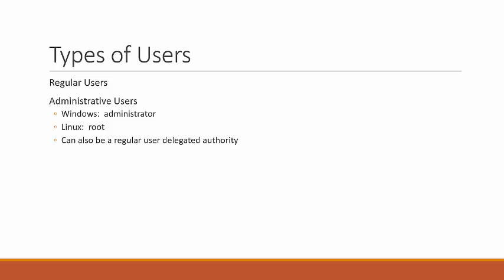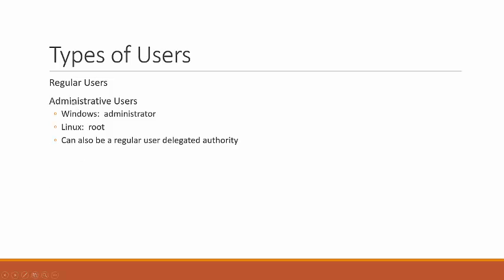Administrative users, well, that's what we're going to be. That's what you're going to school for. The idea there is you're in charge of the system. The administrative user can control the system and generally has access to all of the regular users' information, including their data, their files, whatnot. So obviously this comes with a great deal of trust, right? And it's not a trust that's given away lightly.